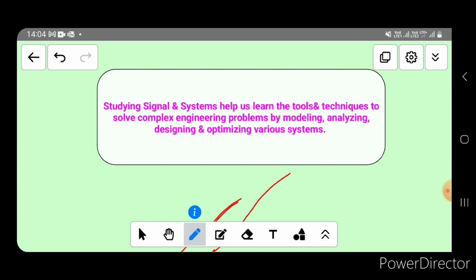Studying signals and systems helps us learn the tools and techniques to solve complex engineering problems by modeling, analyzing, as we saw in our previous small example, designing and optimizing various systems.